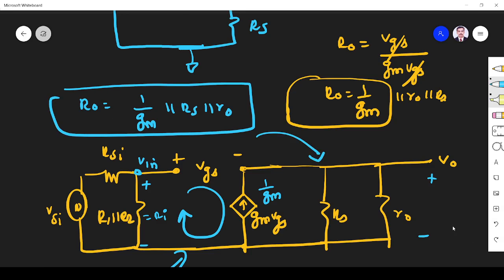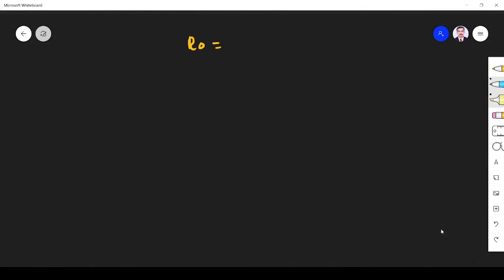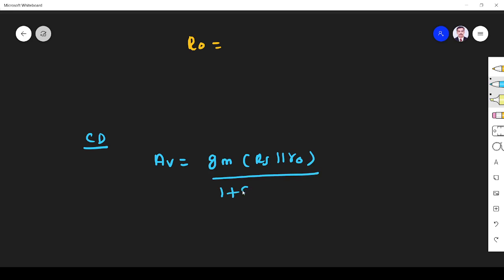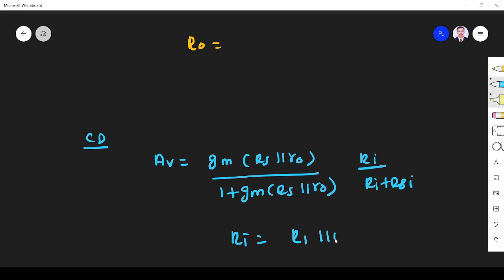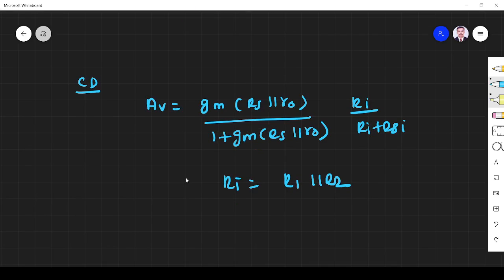So from this, what we conclude is for common drain amplifier, we studied all the things. AV is equal to gm (RS parallel RO) divided by 1 plus gm (RS parallel RO), into Ri divided by Ri plus RSI, where Ri is nothing but R1 parallel R2.